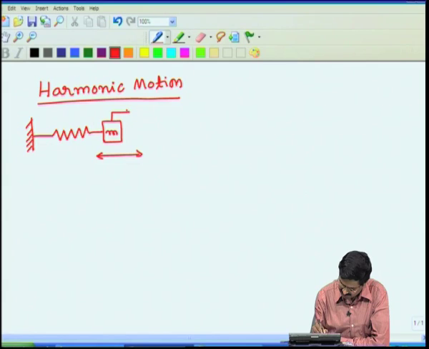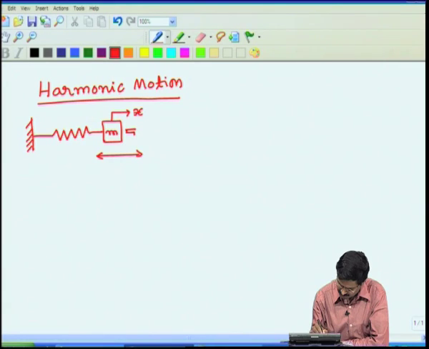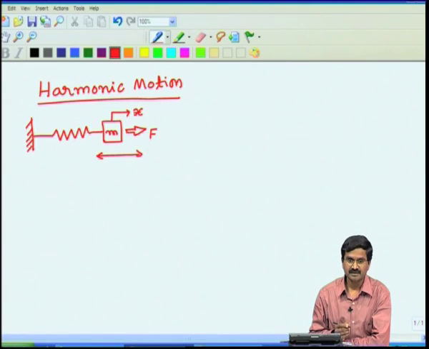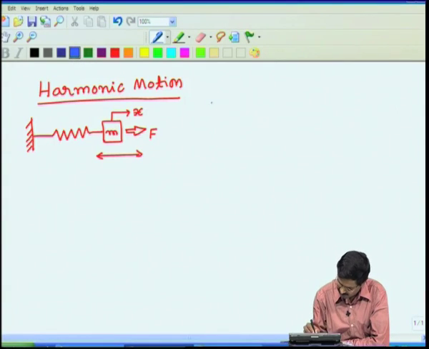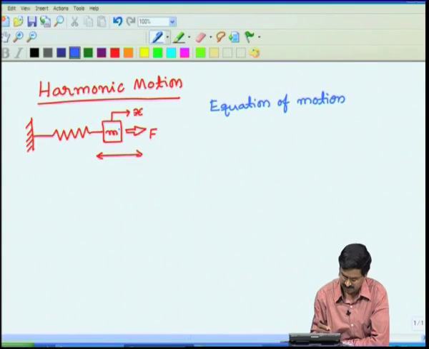We will measure the displacement of this with x, and let us say that there is a force acting on this mass, let us call that F. Now, when we write the equation of motion for this one, we have to invoke Newton's second law. Let us write the equation of motion for this simple spring and mass. Let us say spring constant is k and mass is m.